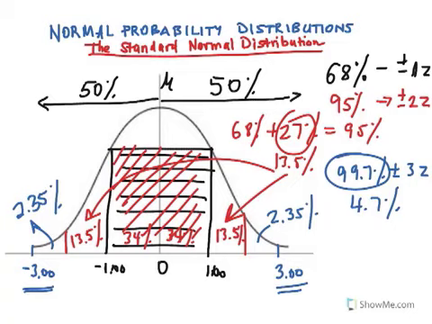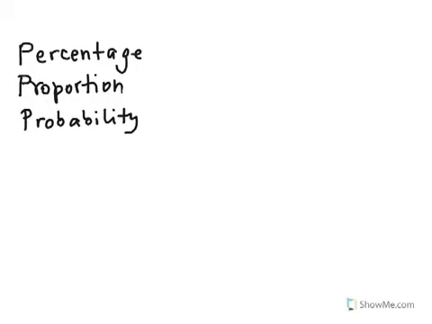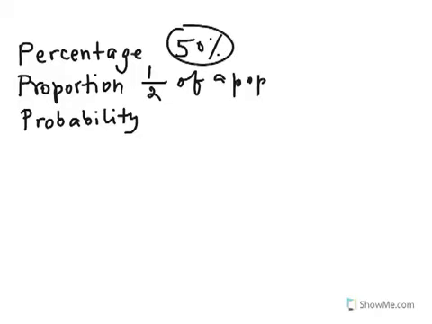Okay, let's just talk about these concepts here. Percentage, proportion, and probability. These are basically the same concept. A percentage, such as 50%, is usually used when we talk about a proportion of a population. So 50% would be 1/2 of a population.